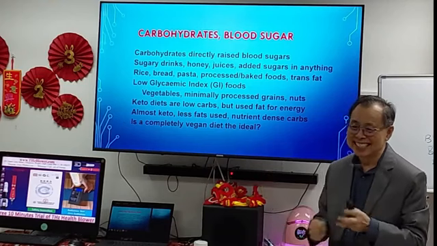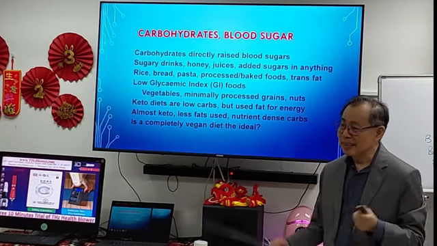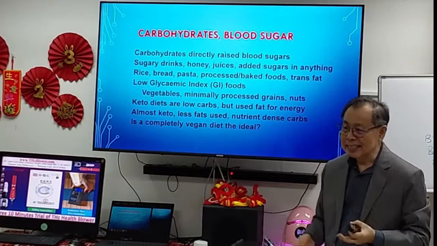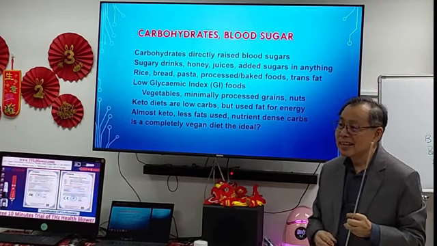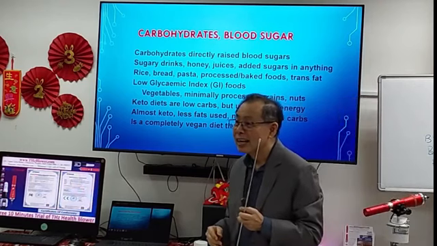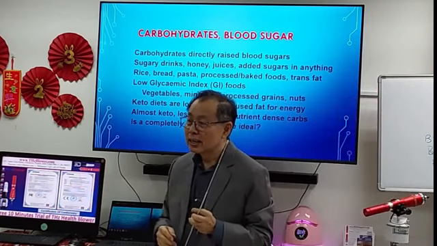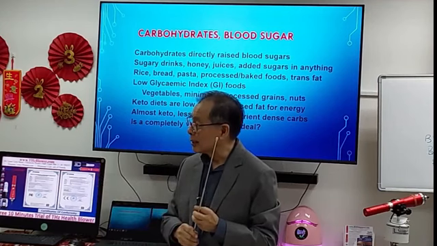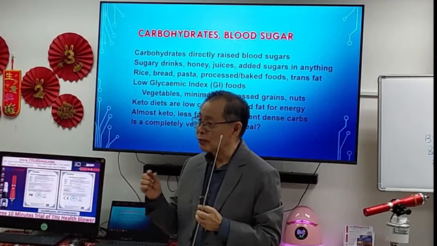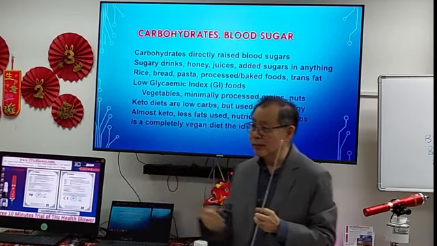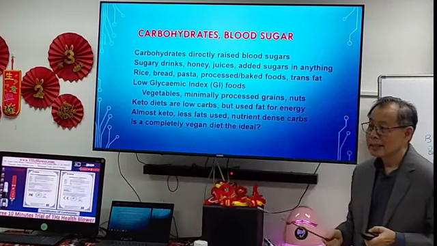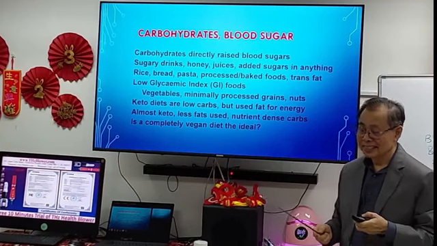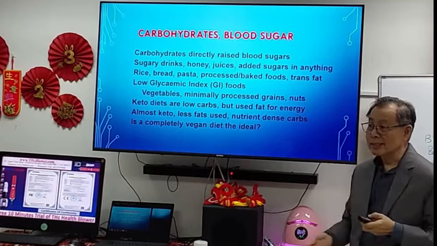Sometimes I don't take rice, but I alternate with cauliflower. Cauliflower is a vegetable, that's healthy. It is what is known as a cruciferous vegetable, and it's very healthy. Sometimes basmati rice. Yeah, basmati rice is good.